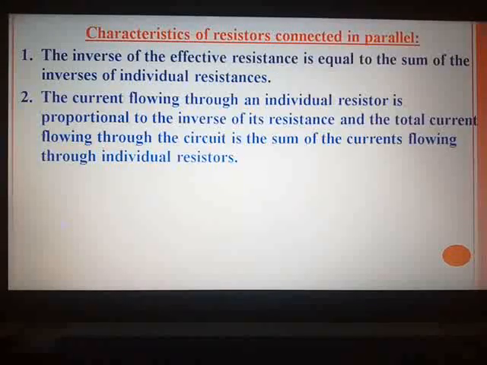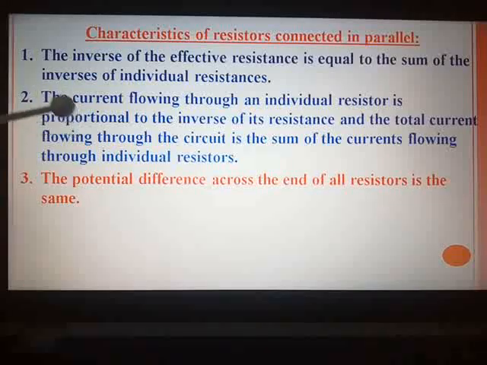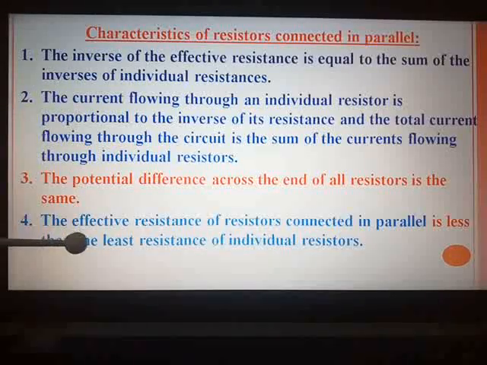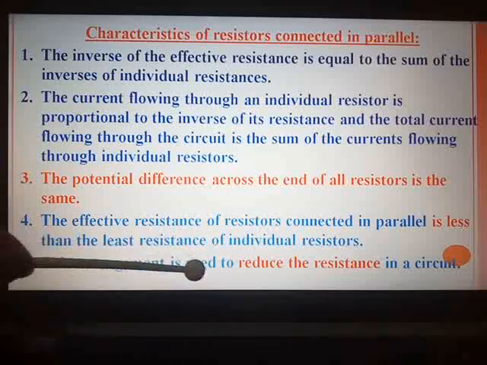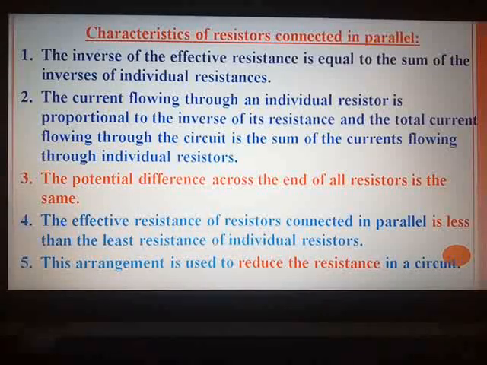We have just revised these characteristics: the effective resistance, the current, the potential difference, and how the effective resistance is less in a parallel combination, and the arrangement is used to reduce the resistance. This was all which we have studied up till yesterday's session.